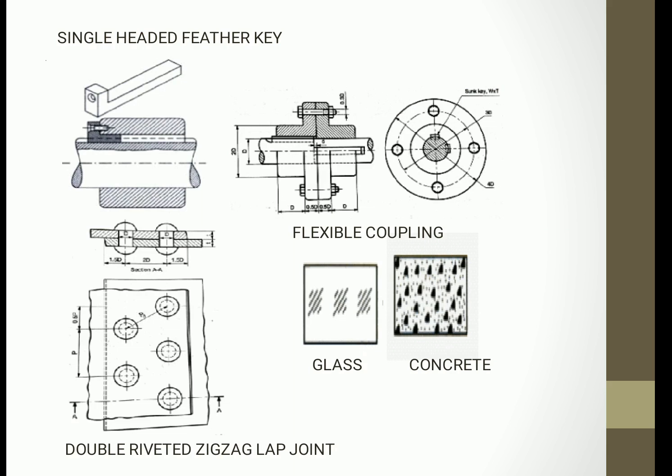Then we will see single headed feather key. Then flexible coupling. A coupling is a mechanical device which is used to connect 2 shafts.